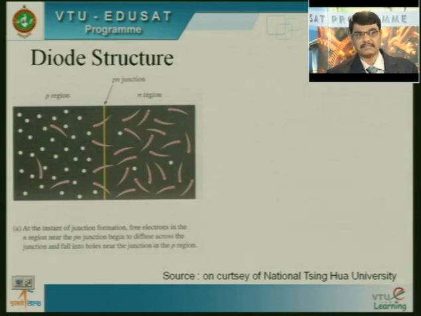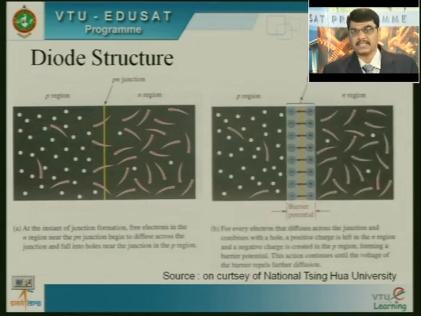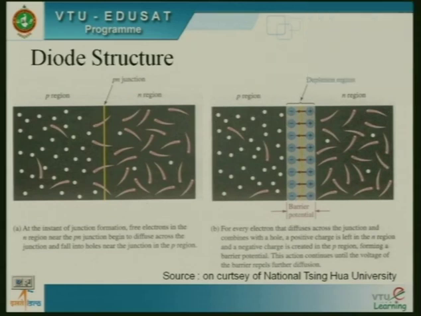During this process, the positively charged particles bond with the negatively charged particles and form negative ions, and the negatively charged particles combine with the p-type holes and form positive ions, which forms a depletion region. The depletion region has a voltage potential barrier of 0.7 volts for silicon and 0.3 volts for germanium.